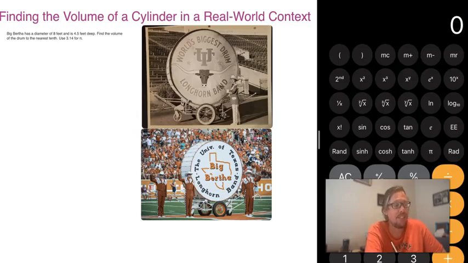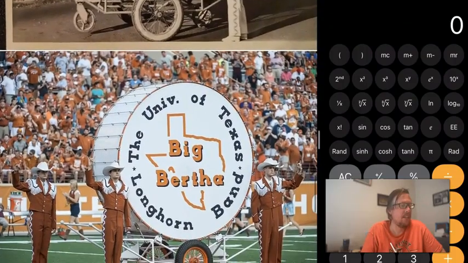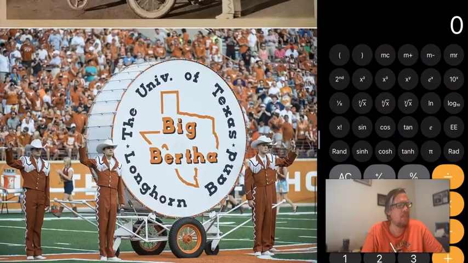This top picture here is the original Big Bertha, the world's biggest drum. And then here is a more modern Big Bertha, and I'm pretty sure it's Big Bertha 2 now. One of the world's largest bass drums at the University of Texas, because why not?